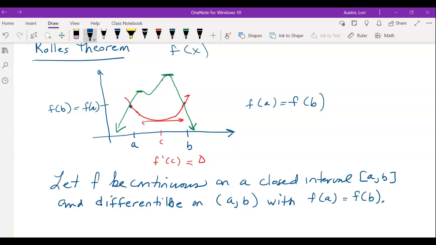So we set up all of our parameters now. Continuous on the closed interval, differentiable on the open interval, and f of A has to equal f of B. So what does the theorem state?